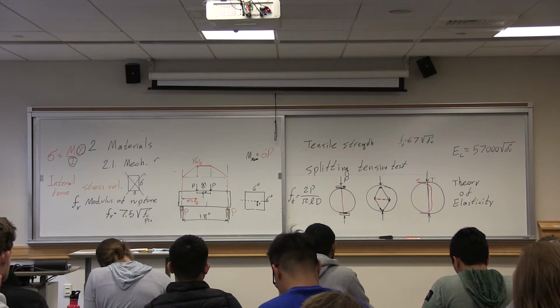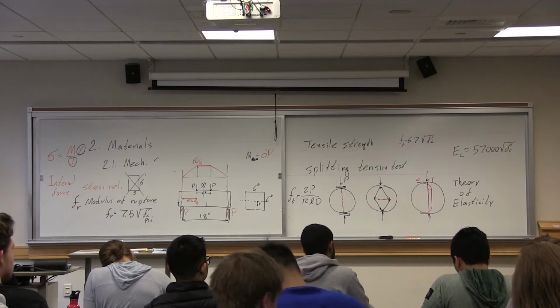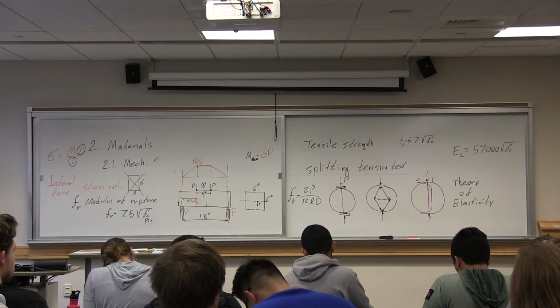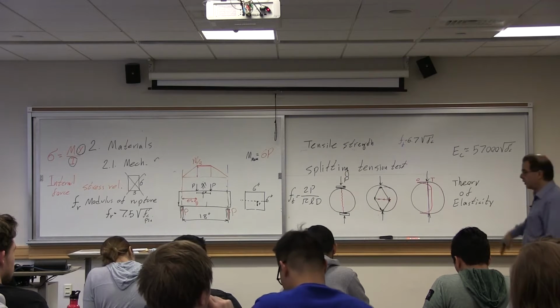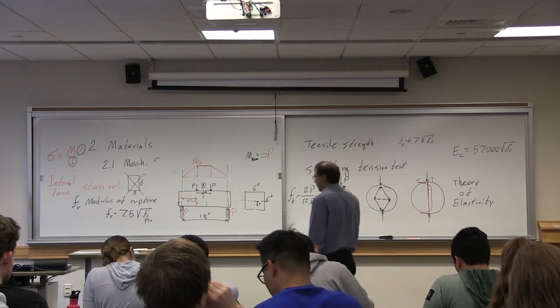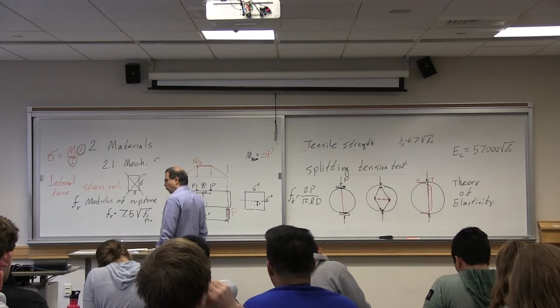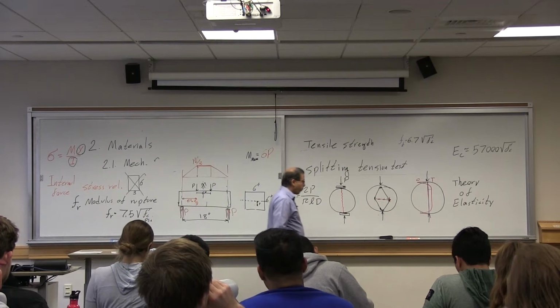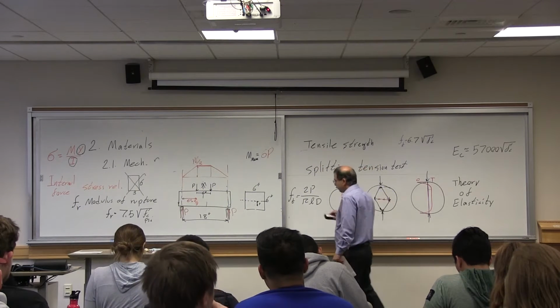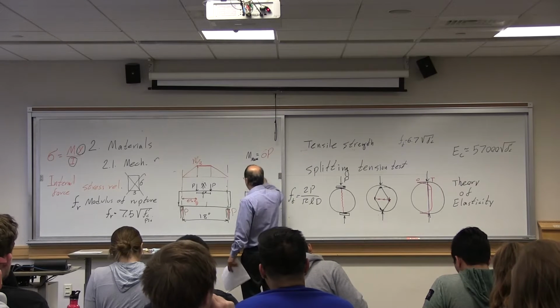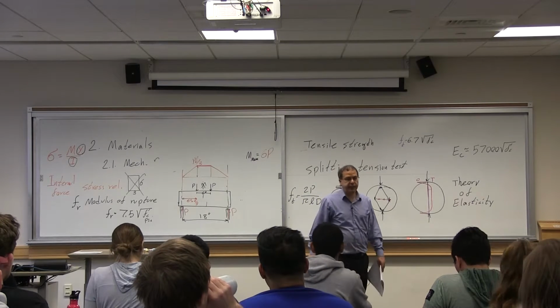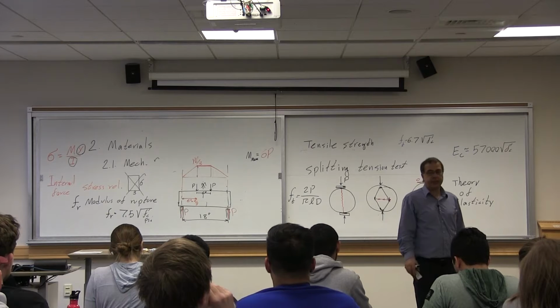Note that the modulus of elasticity of concrete depends on the strength. The higher the strength, the larger the modulus of elasticity. Any questions before I move on to steel mechanical characteristics?